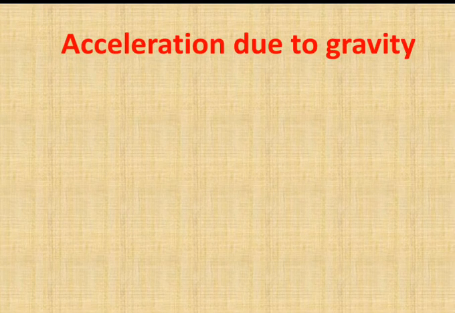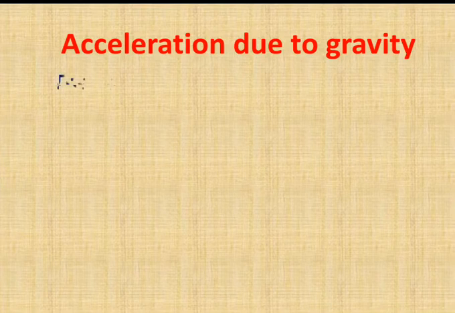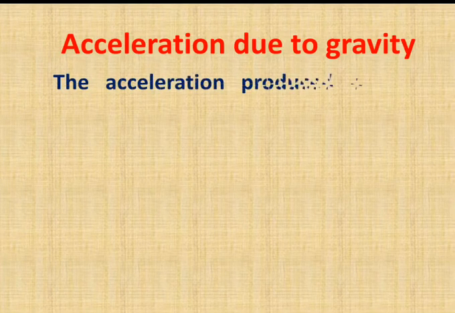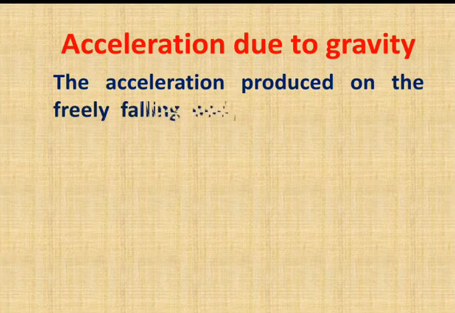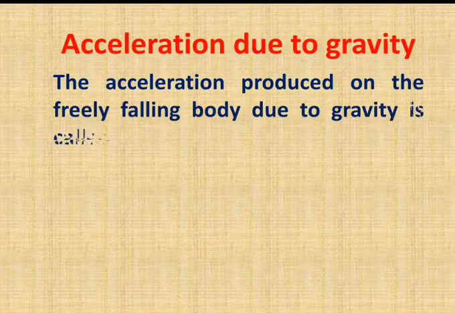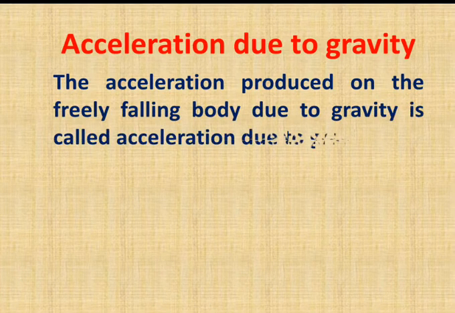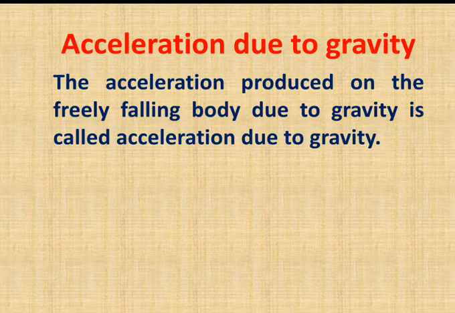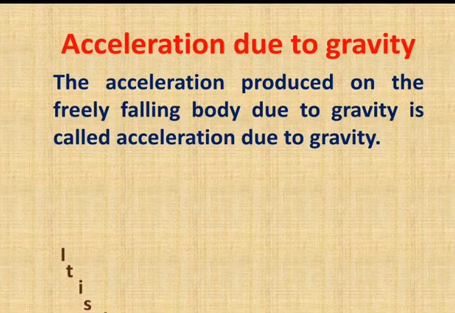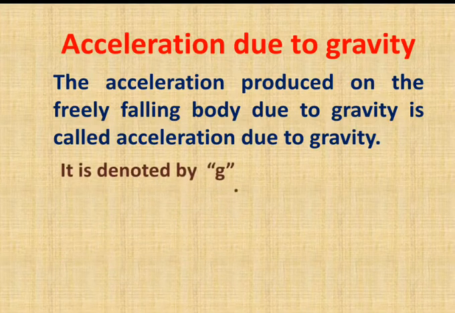Acceleration due to gravity. The acceleration produced on the freely falling body due to gravity is called acceleration due to gravity. It is denoted by small g.